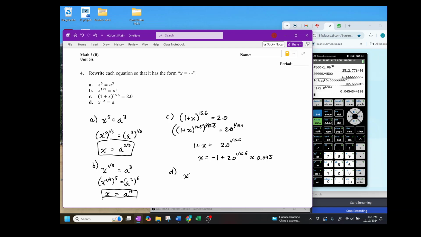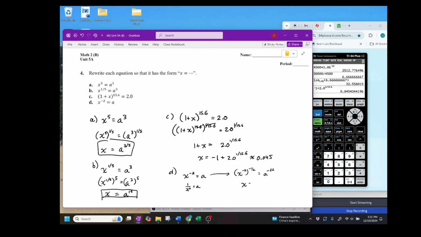Okay, and then for D, we've got x to the negative 2 equals a. That's the same as 1 over x squared equals a. So we could do this a couple of ways. One method would be to raise both sides to the negative half.